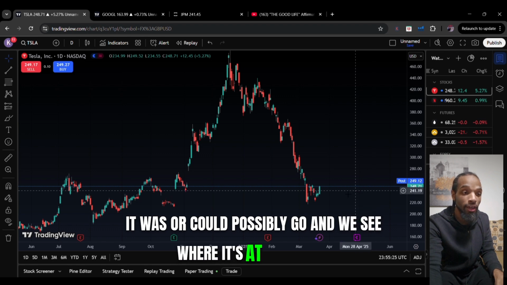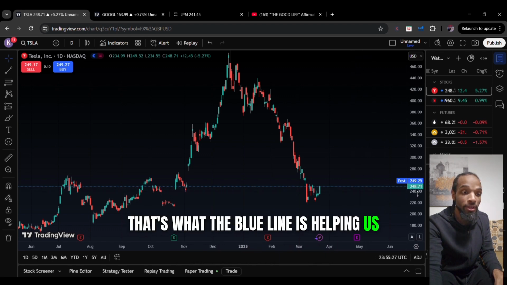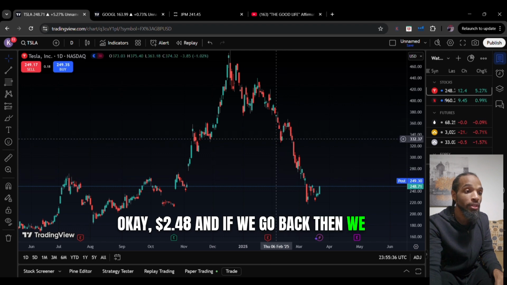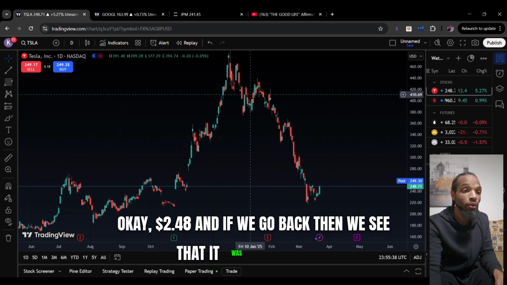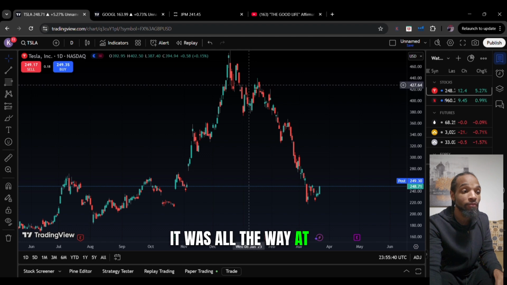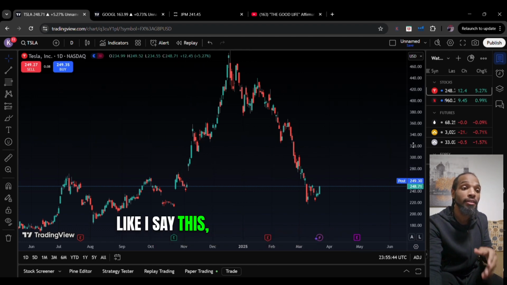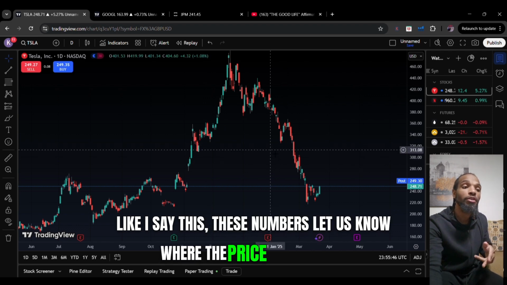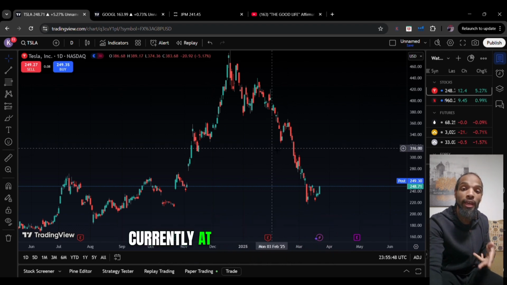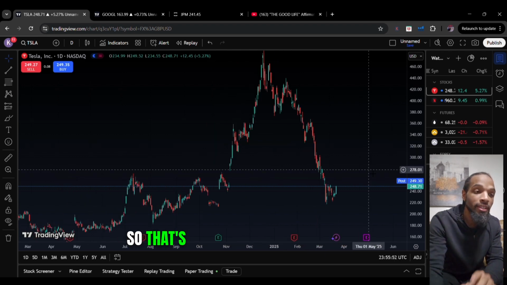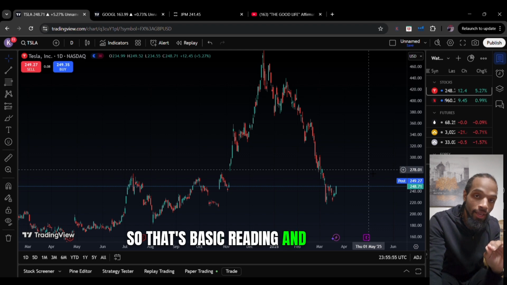That's what the blue line is helping us to see, where it's currently at. And if we go back, then we see that it was once higher. It was all the way at 400. So this is us going back in time. Like I say, these numbers let us know where the price was once at, currently at, and could possibly go to. So that's basic reading and identifying.